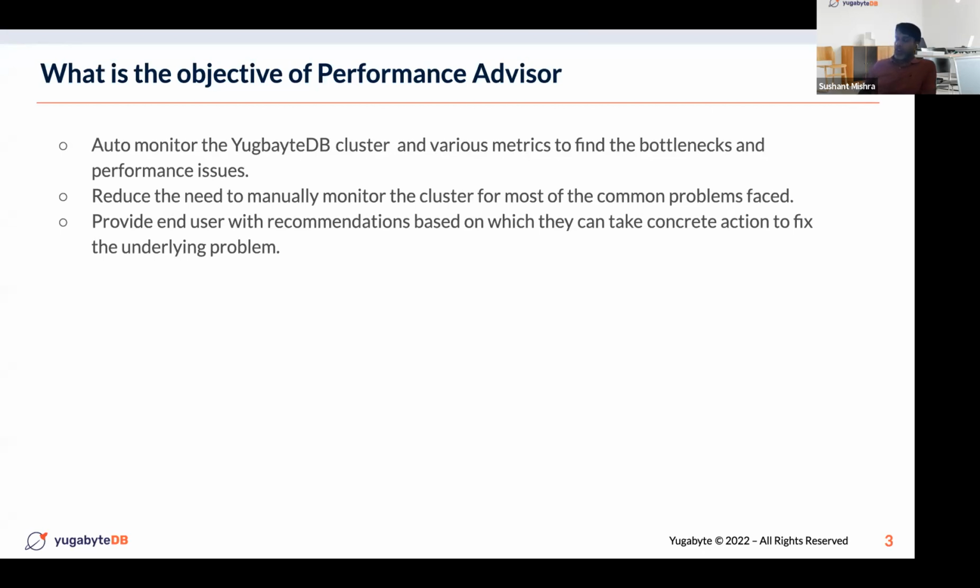We also want to provide the end user with a concrete set of recommendations on which they can take a concrete action. I will talk about some of the use cases we have already implemented, and where the recommendations come from.